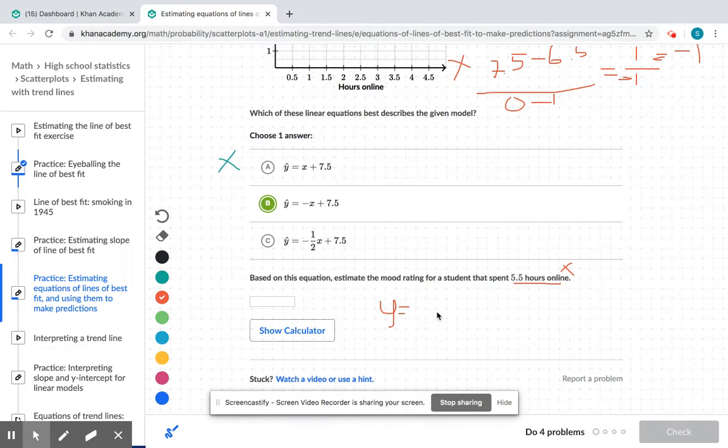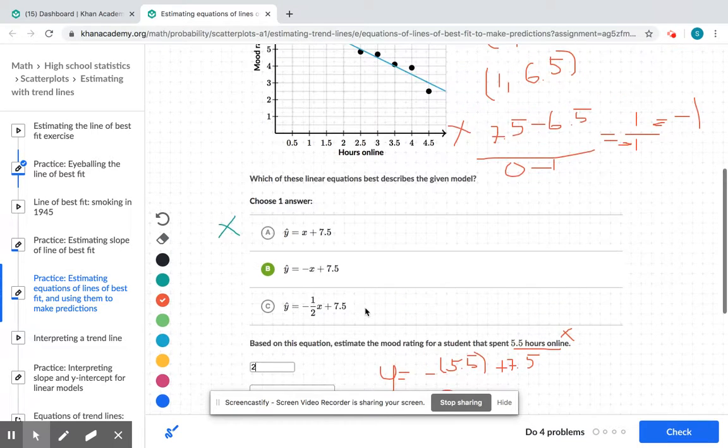So y equals negative 5.5, and my y-intercept is plus 7.5. When you type this in the calculator, you're going to get y equals 2, which makes sense because 7.5 minus 5.5 is just 2.